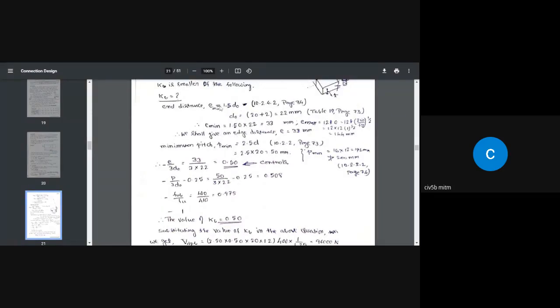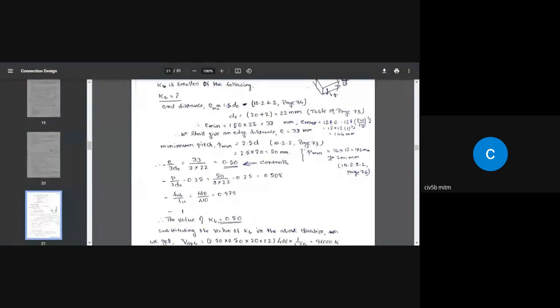Once e minimum is found out, we need to go for e maximum. e maximum is again on page 74 of the code book, under 10.2.4.3. It says 12 times t epsilon, where epsilon equals the square root of 250 divided by fy.